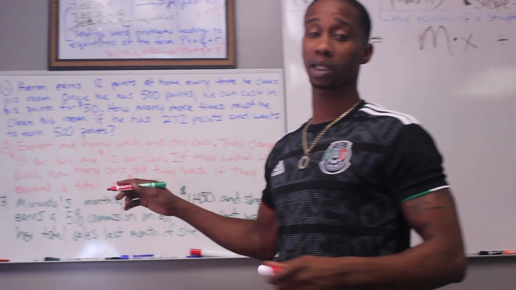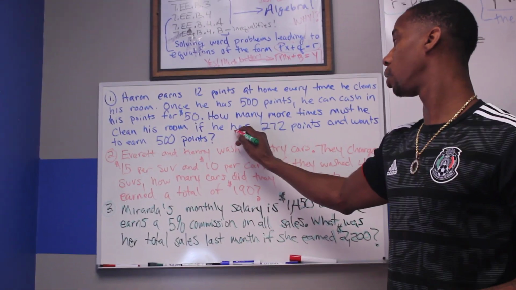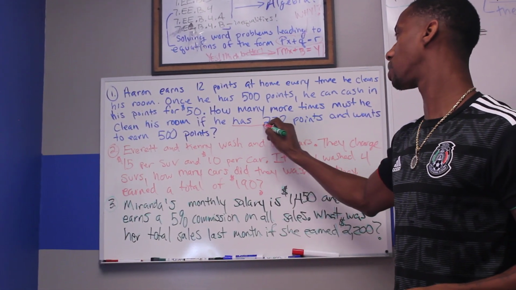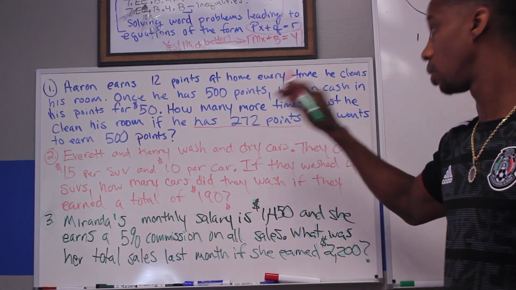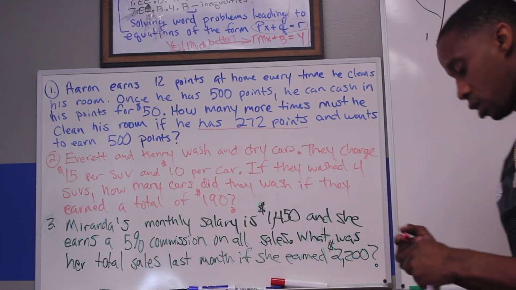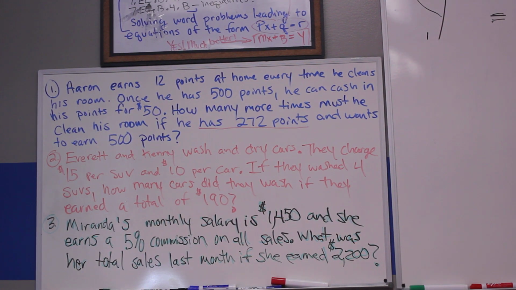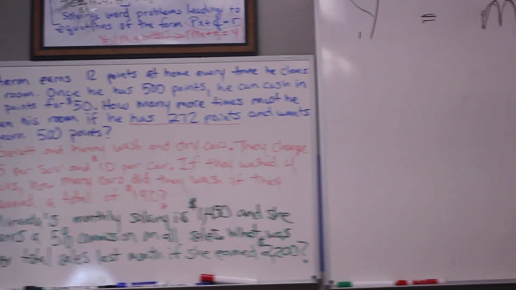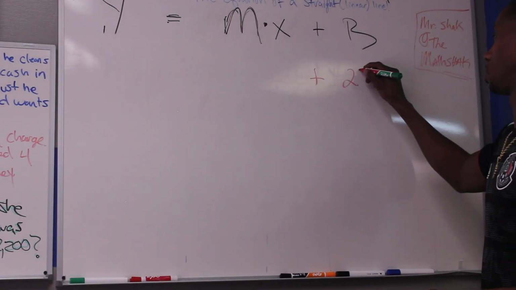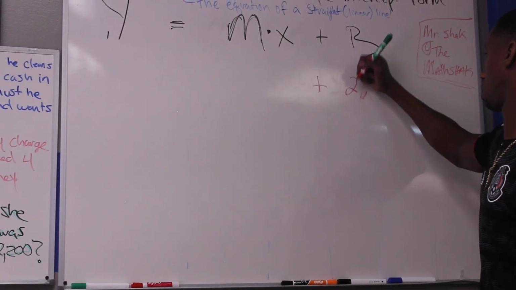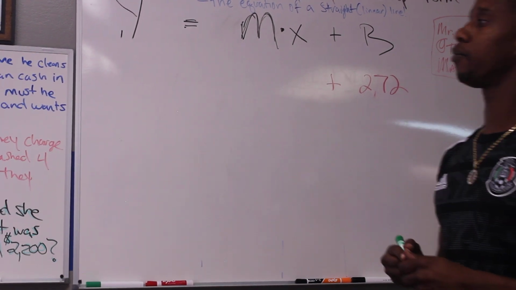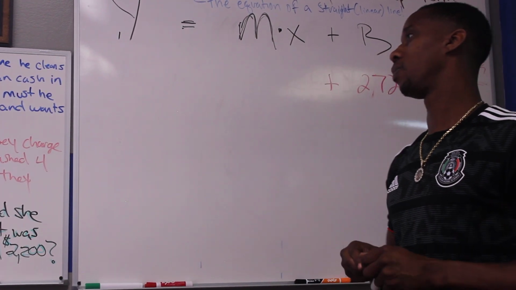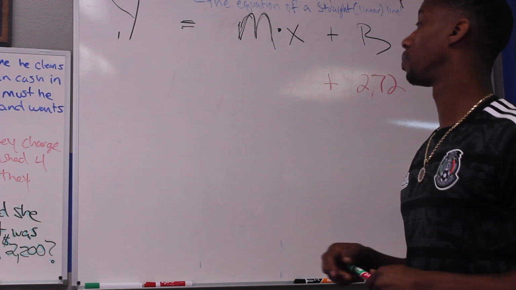And I encourage my kids to read and annotate when they're doing word problems. Has means that it's already possessed. It's in his possession. That's what he has already. So I can already start building an equation. The minute I read the entire problem, I can start building.